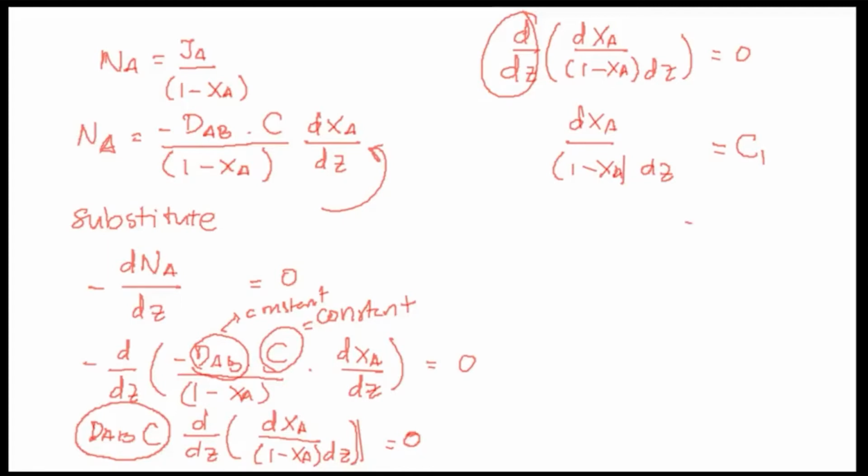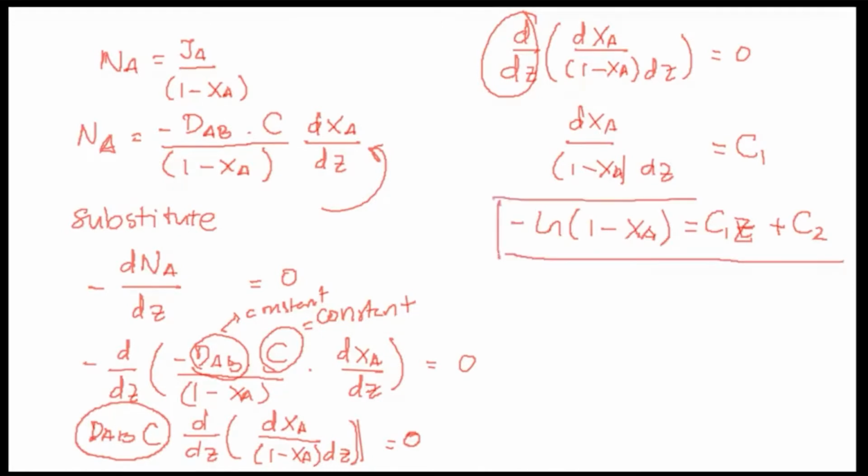It will give us c1 z plus c2 equal to minus ln(1 minus xA), putting a minus in front. Okay, so this is our final equation about the profile of xA over z.